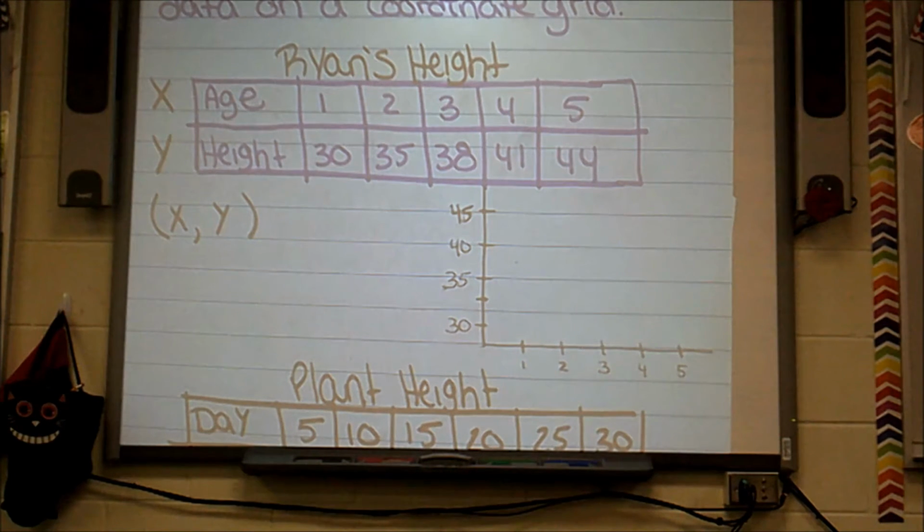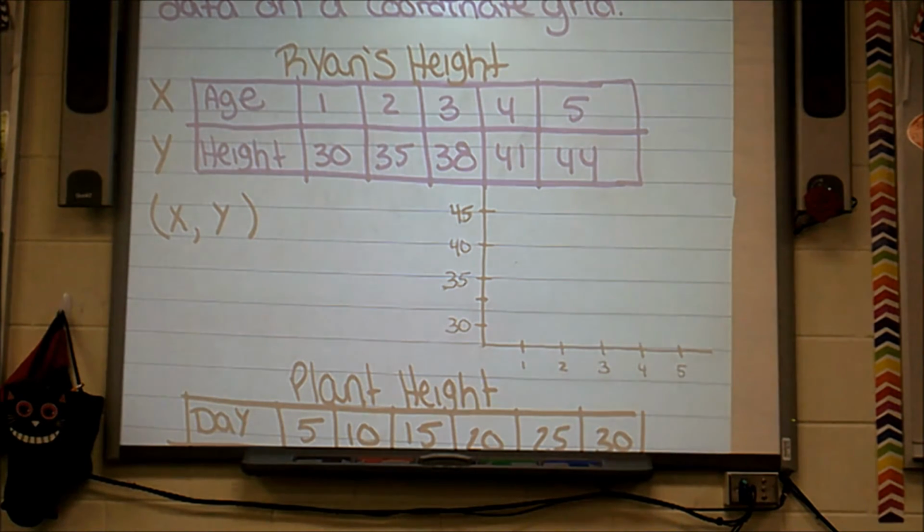So you can see we have, again, my data table here, and it has the age. It's a data table for Ryan's height. My x-axis, my first number in my ordered pairs, is going to represent Ryan's age. And then my y-axis, or my second number in the ordered pair, is going to represent his height in inches.